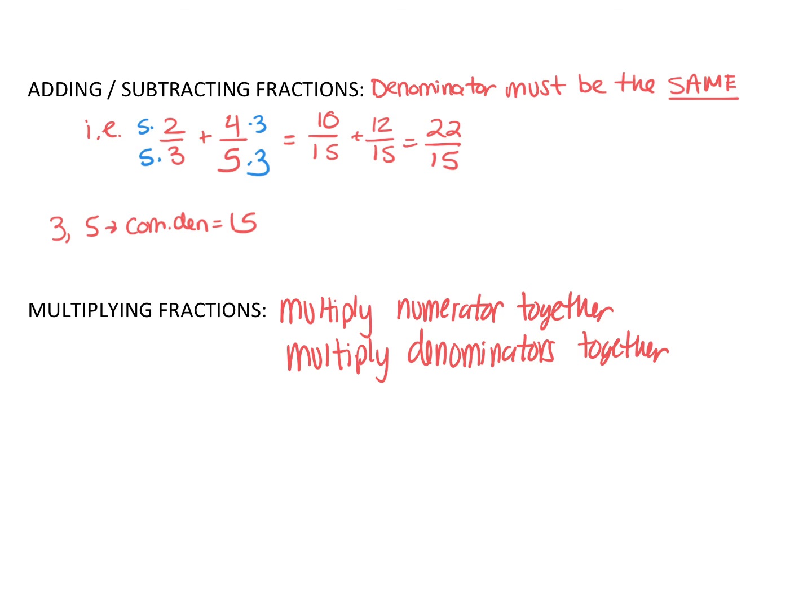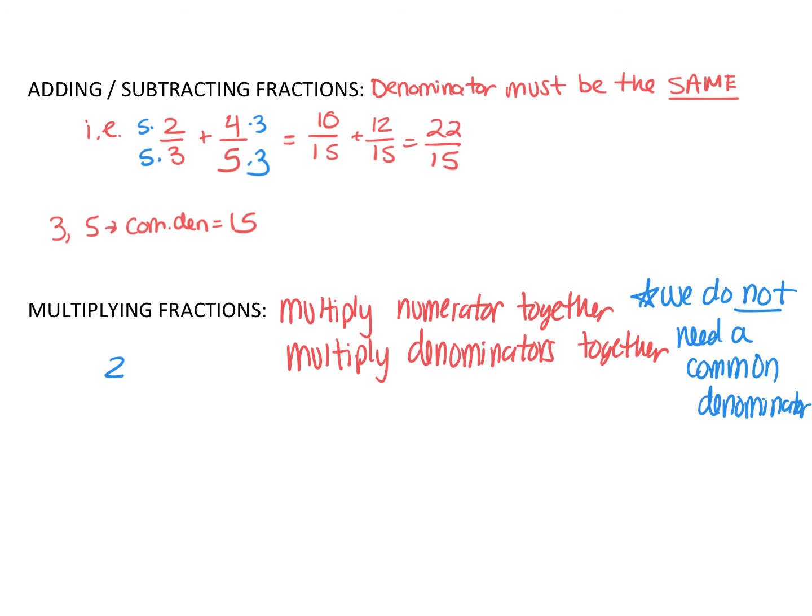So we do not need a common denominator. So if I was doing 2/3 times 4/5, I would multiply the top and multiply the bottom, so I end up with 8/15.